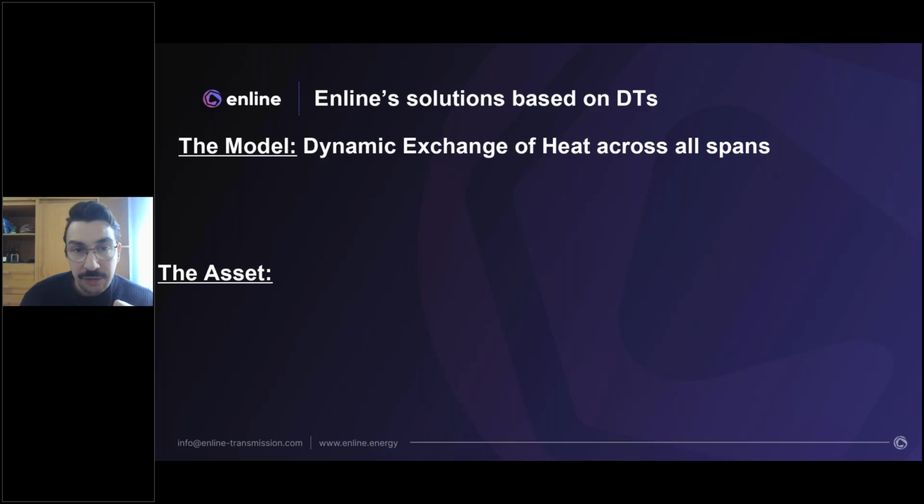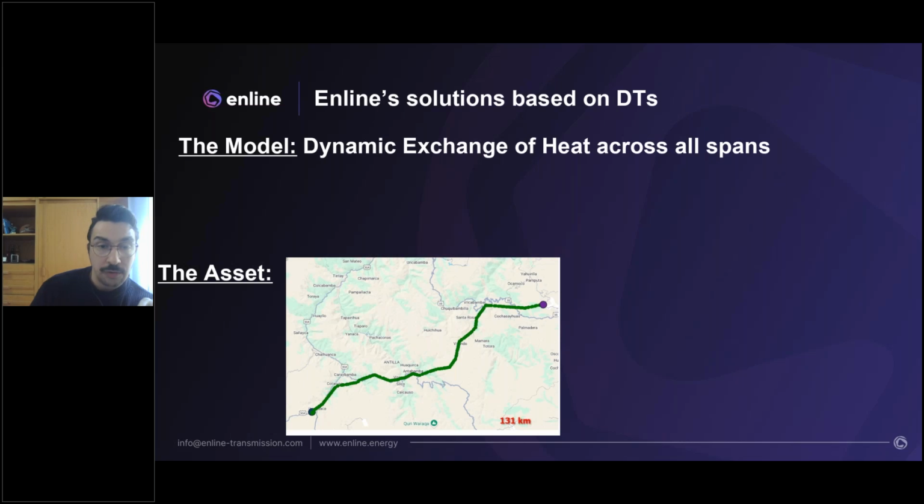So just to summarize, and here I won't dive too much into this, I'm talking about products based on digital twins, and in this case, a model that assesses the dynamic exchange of heat across all spans of a transmission line or a grid, talking about overhead lines. And just to give you a summary of how we do inside Enline, we get a transmission line of a particular length. This is a 121 kilometer transmission line.